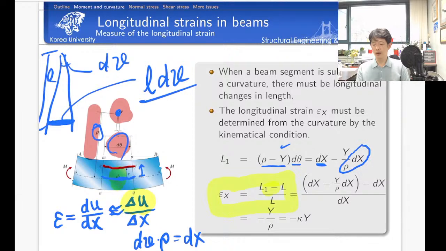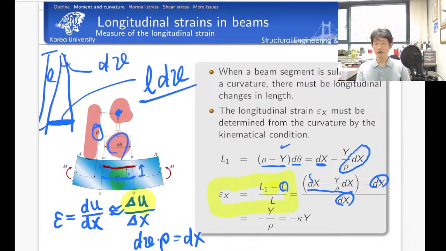Now let's calculate the strain. Let's plug L1 into this place. The original length is dx, and we divide by dx. What is the common factor in the numerator and denominator? We have dx, so dx is cancelled, and rho cancels too. Finally the strain is equal to minus the y coordinate divided by the radius of curvature.